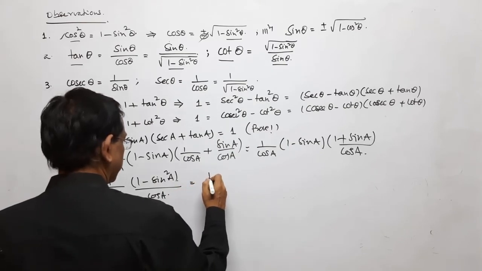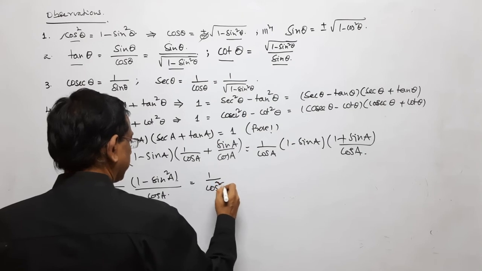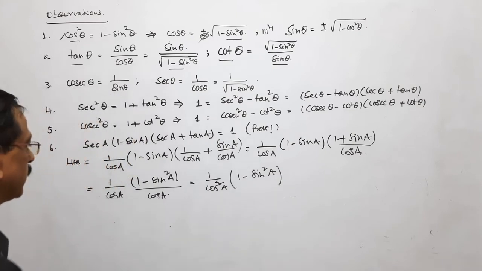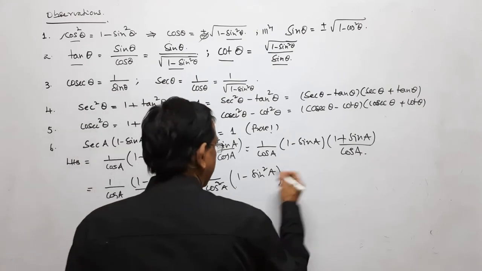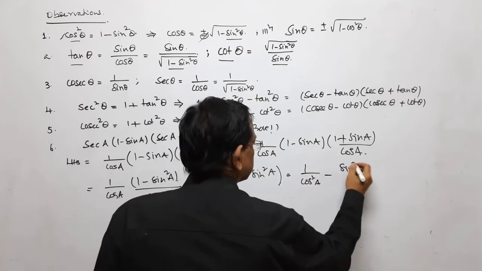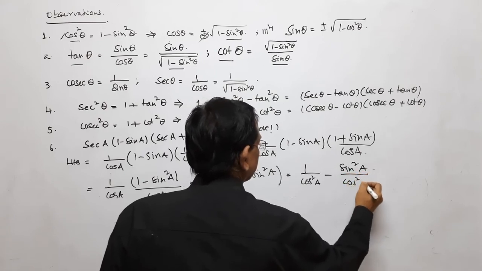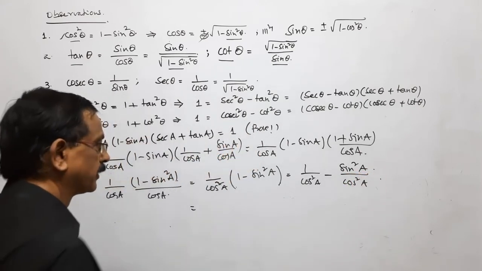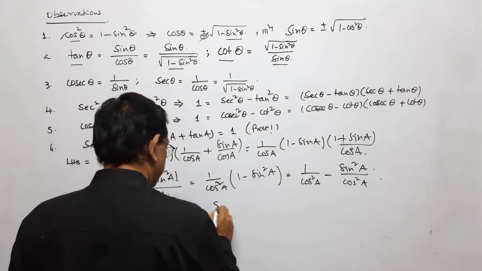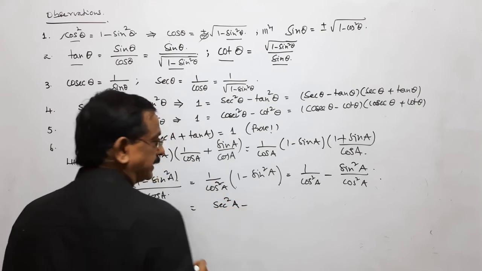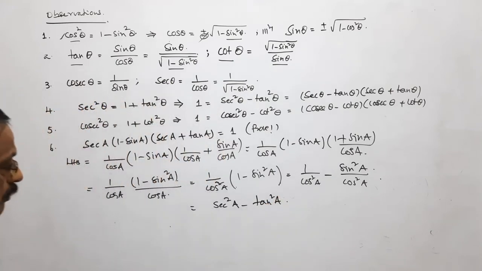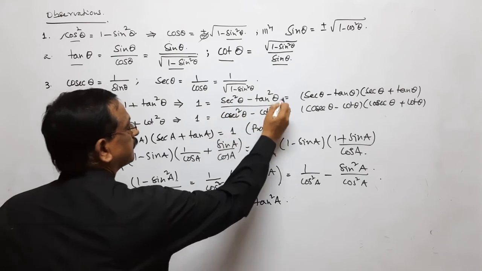which is equal to 1 by cos square A into 1 minus sine square A. So I can write down this as 1 by cos square A minus sine square A by cos square A. So 1 by cos square A is secant square A, minus sin square A by cos square A is tan square A. Now what is secant square A minus tan square A?